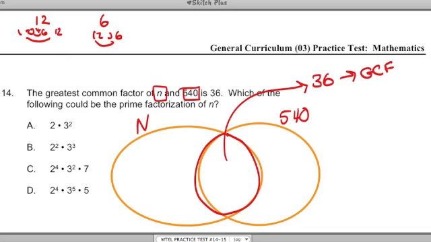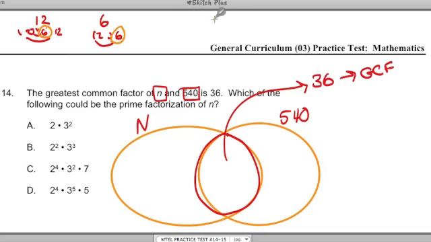Well, the largest factor that 12 and 6 share, a number that they can both be divided into evenly without any remainders, is 6. So we would say the greatest common factor of 12 and 6 is 6.